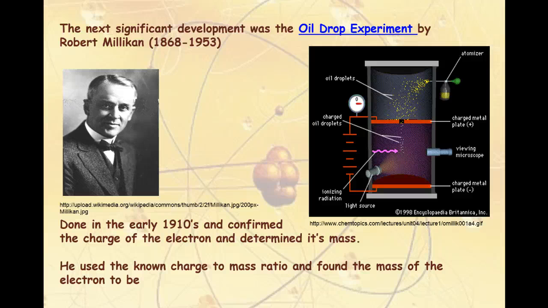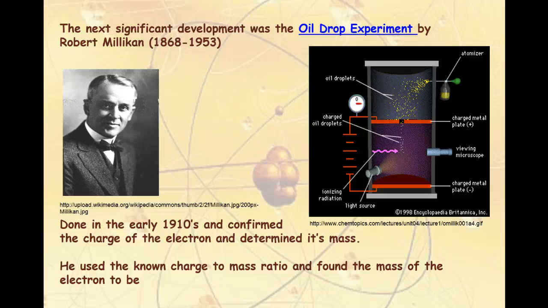Robert Millikan was the only American scientist from the University of Harvard that was in that quest to find the atomic structure. He, in the early 1910s, or the early 1900s, confirmed the charge of the electron and also determined its mass. And he did this through the oil drop experiment.